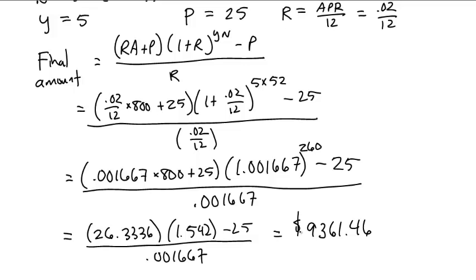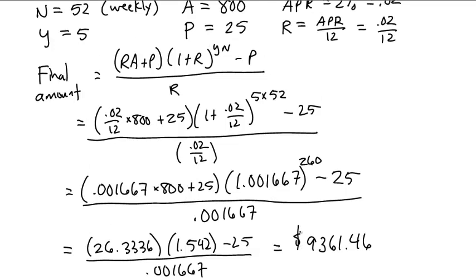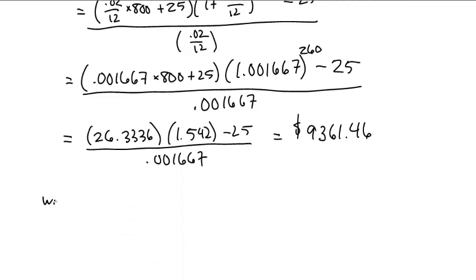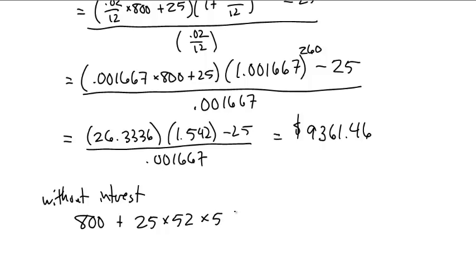It's almost 10,000 bucks we've saved up over 5 years. Although, in all fairness, what is $25 a week alone? If we didn't have interest, we would have had what? Without interest, we would have had the starting $800 plus $25 a week times 52 weeks times 5 years.